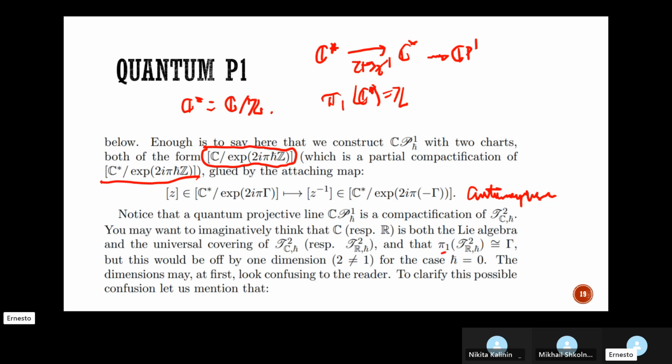It wants to be. But of course, this is not literally true, only literally true in the sense of stacks.